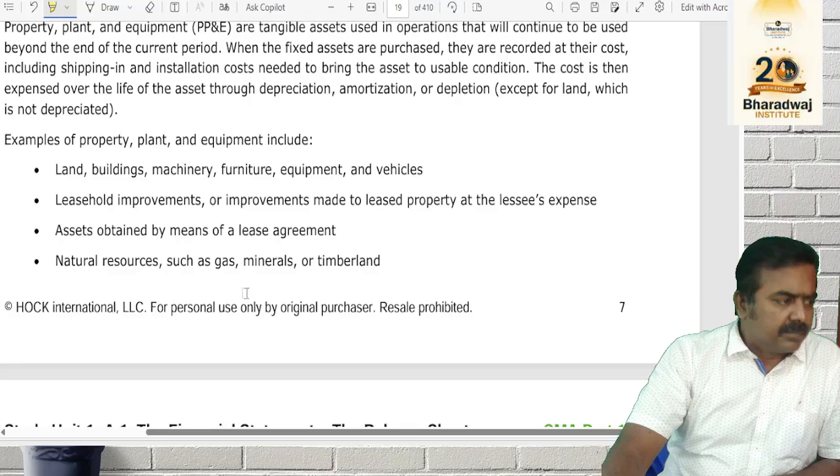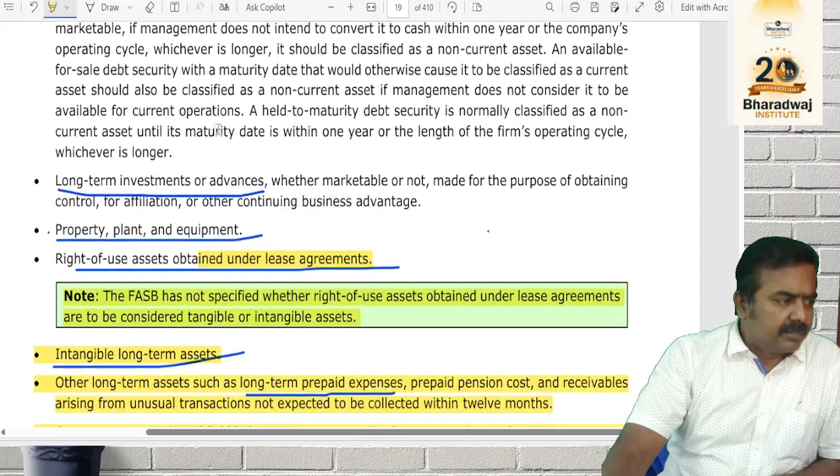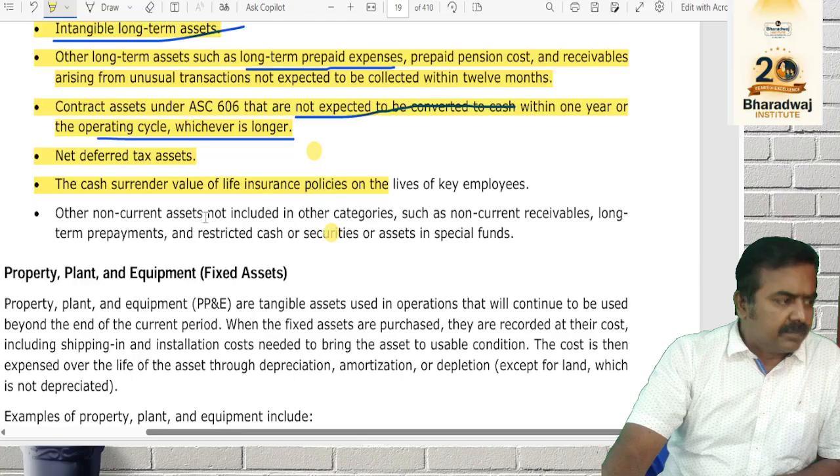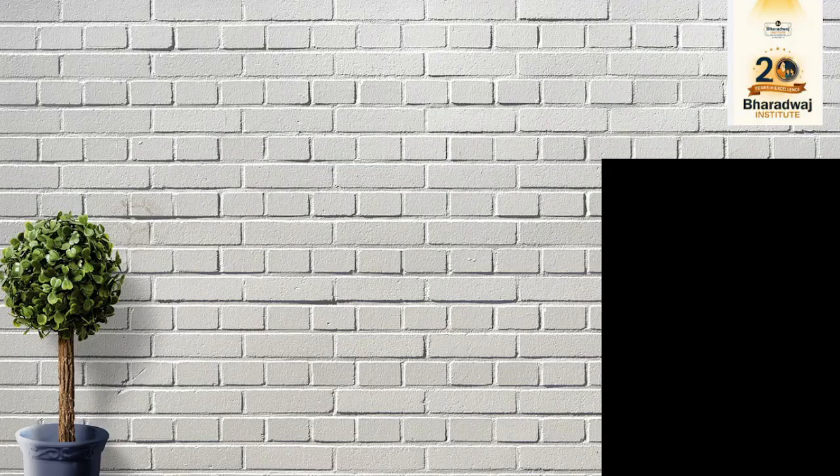Example. Example for that. There is a problem.